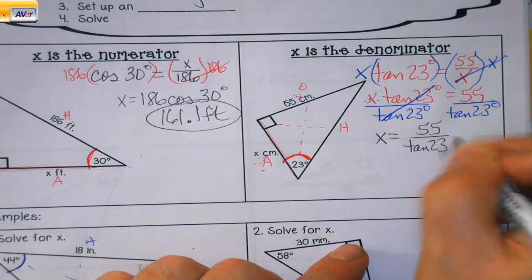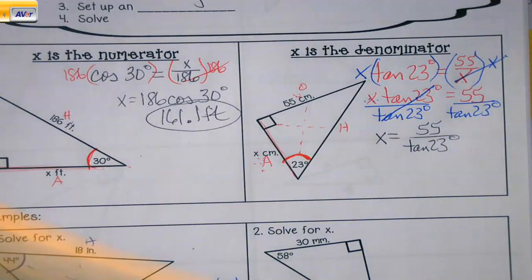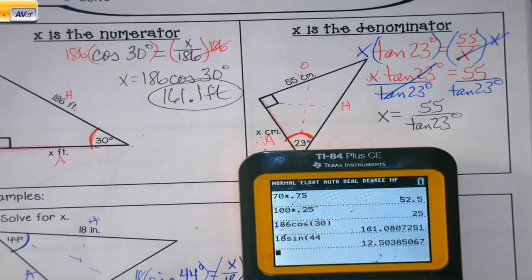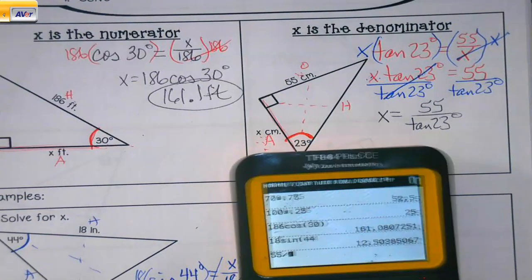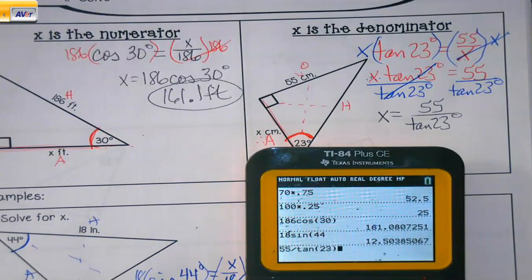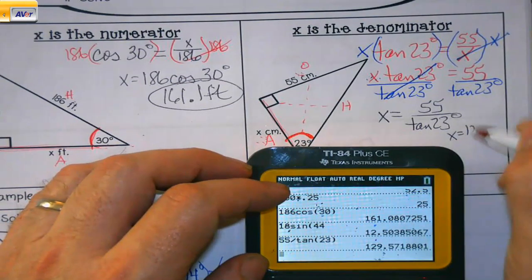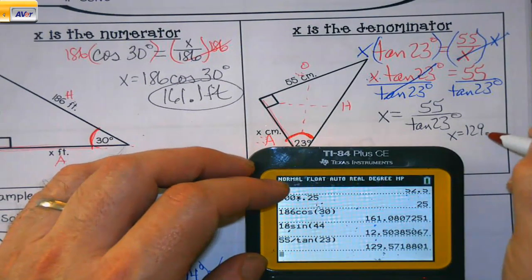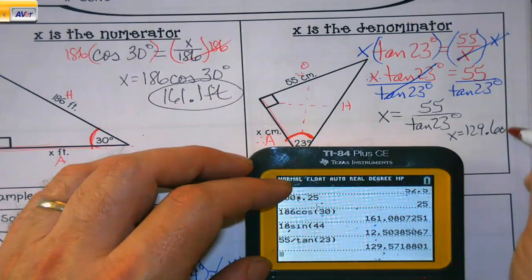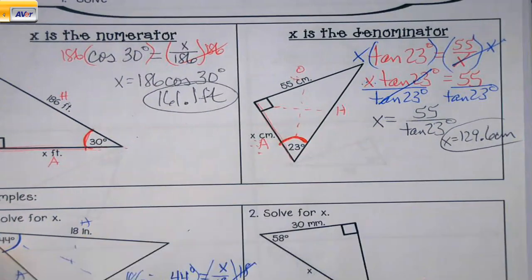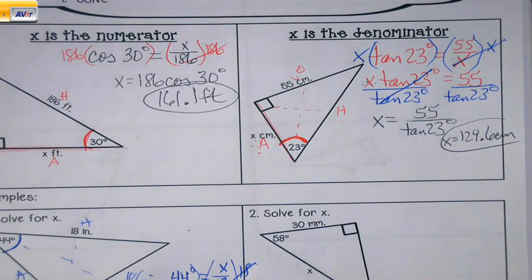So I do have a possible trick for you here in a minute, but before we do that, let's get this one typed in. 55 divided by the tangent of 23. And I'm ready to go.